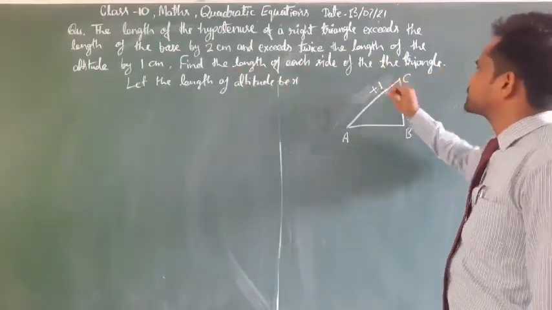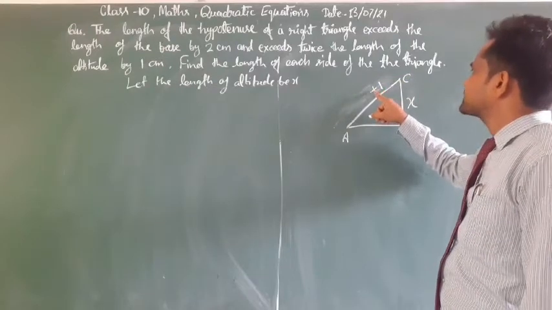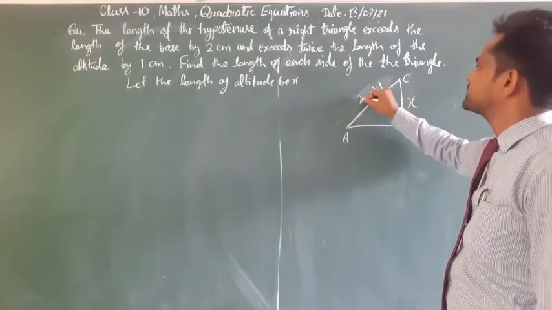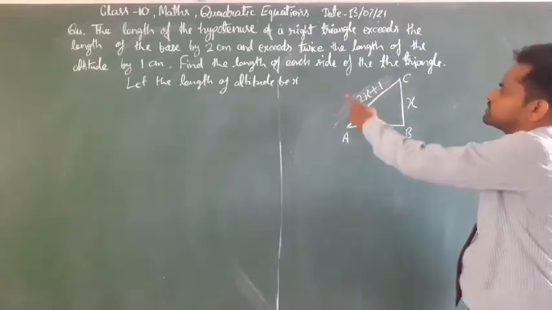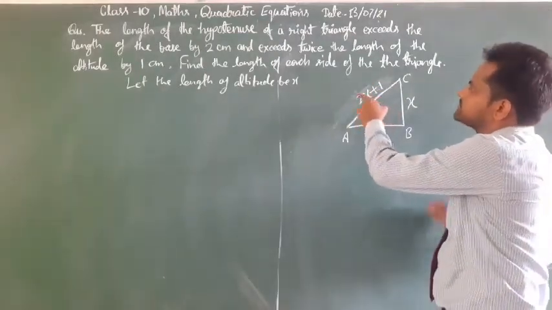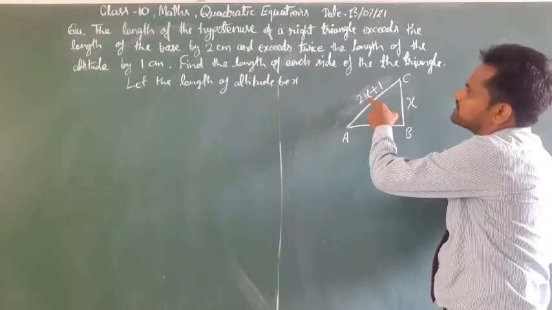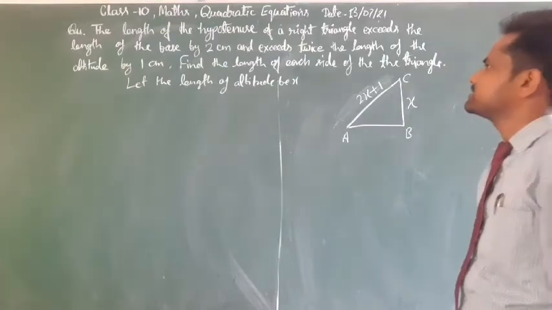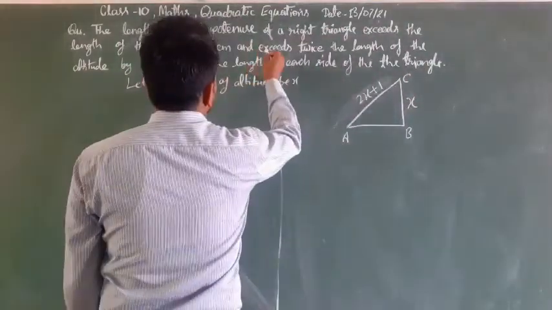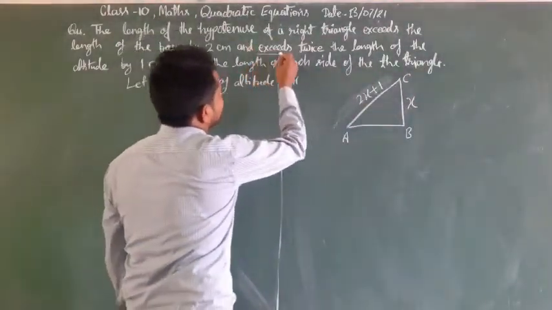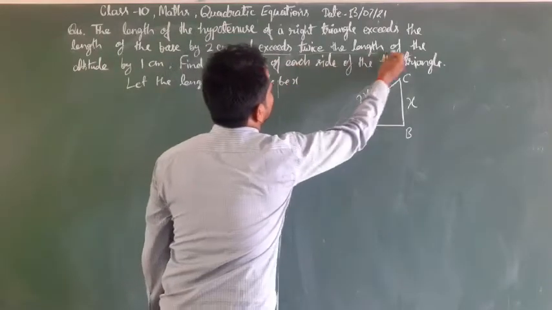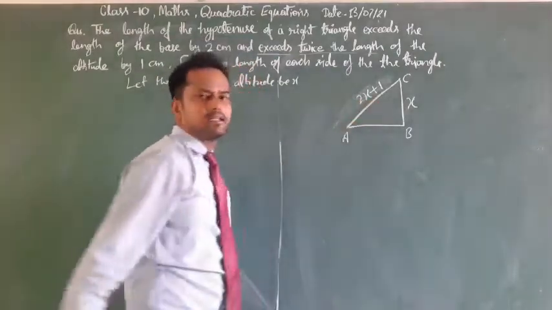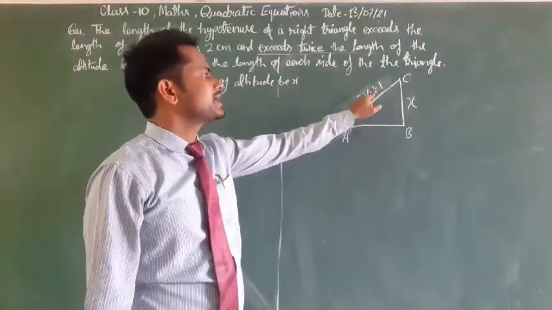It means the hypotenuse exceeds by 1 cm the twice the length of the altitude, that is 2x. Got it? That means the length of the hypotenuse is 2x plus 1.